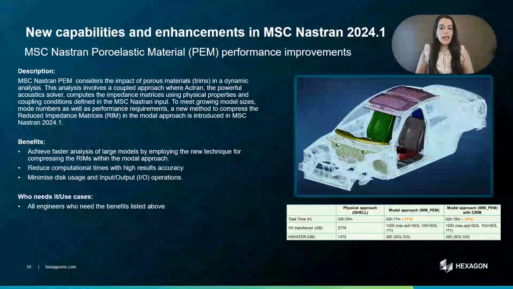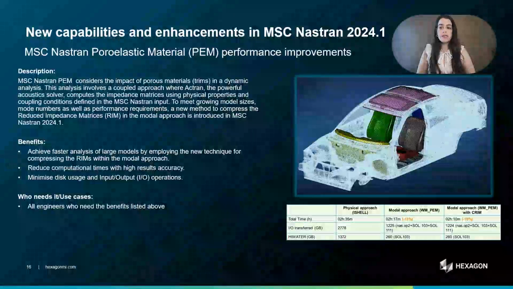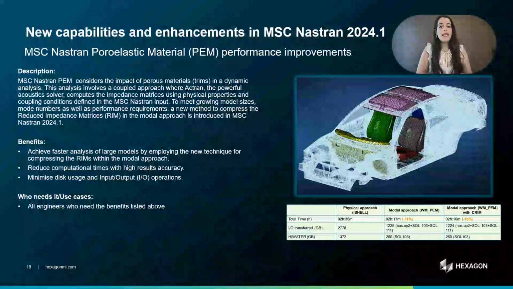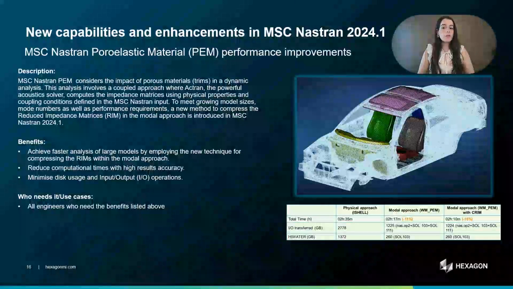In NVH analysis, specifically in MSC Nastran PEM, we are introducing several performance improvements. MSC Nastran PEM considers the influence of porous materials or trims in a dynamic analysis using a coupled approach. Actran, the powerful acoustic solver, computes the impedance matrices based on physical properties and coupling conditions defined in the MSC Nastran input.